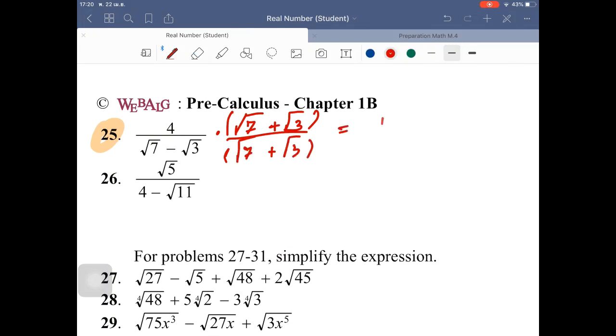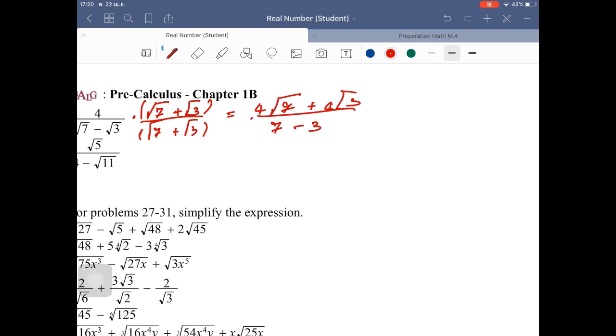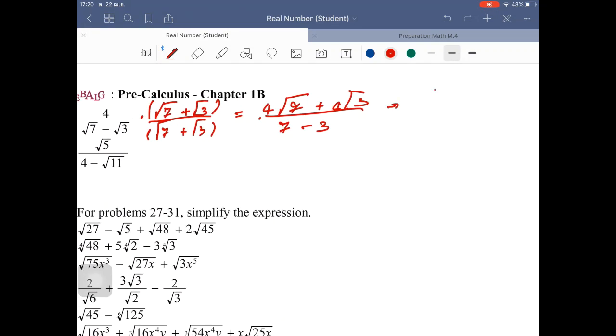So what do you get? 4, 7 minus 3. And then further simplify, you get 4 square root 7 plus 4 square root 3 over 4. And then simplify, eliminate 4. So you get square root 7 plus square root 3. That's it.